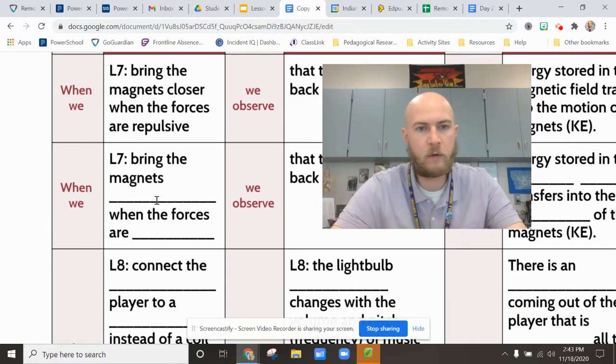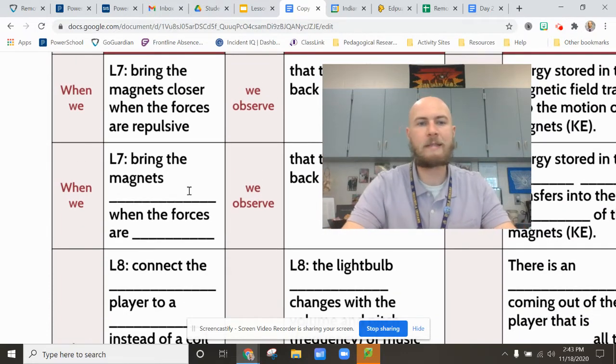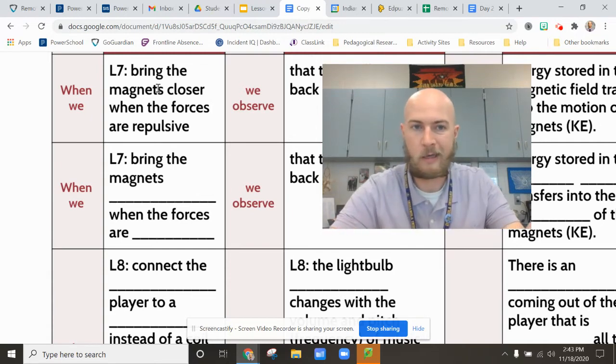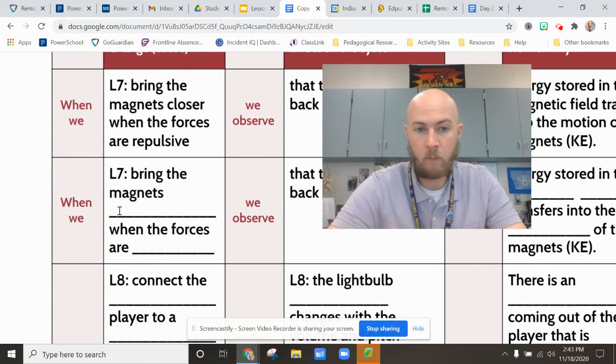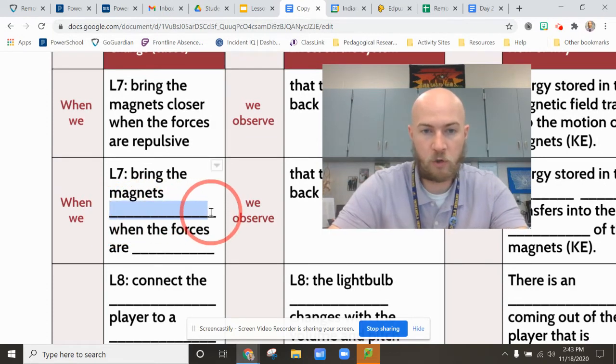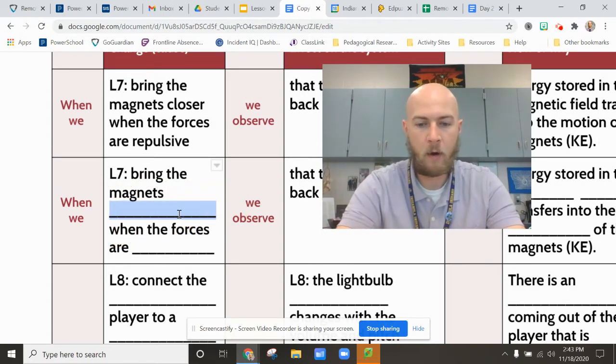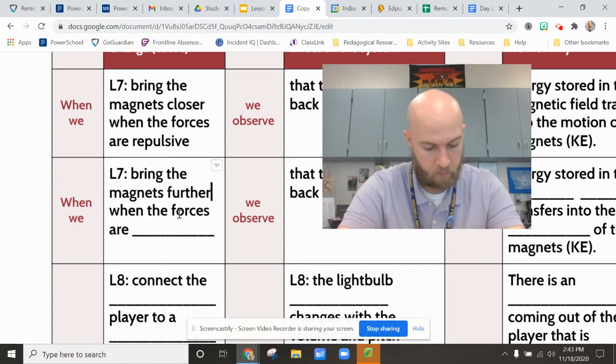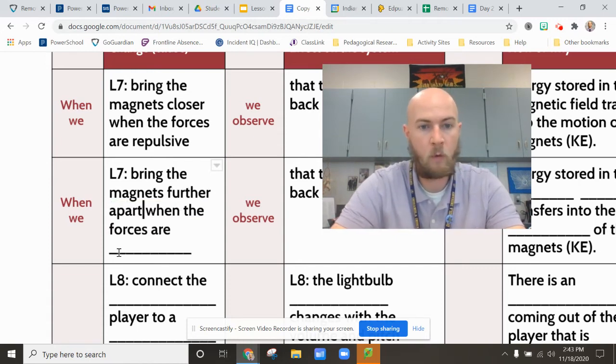Okay, so now we're going to do the next one. The next one reads that in lesson 7, we did something to the magnets when they had a different force. In the first instance, it was repulsive. So on our worksheet, we read, what if we brought the magnets further apart when they were attracted? That's one of those questions we answered on that worksheet.